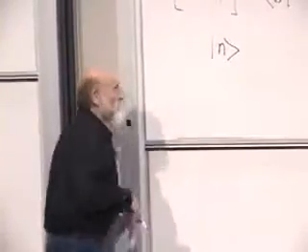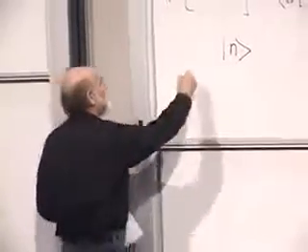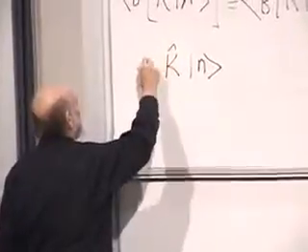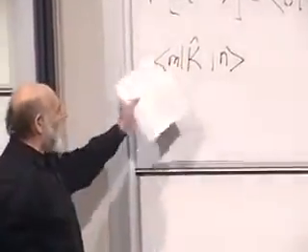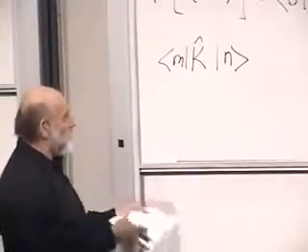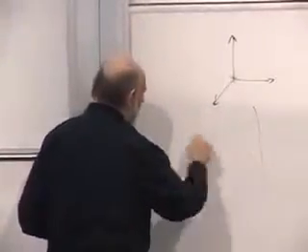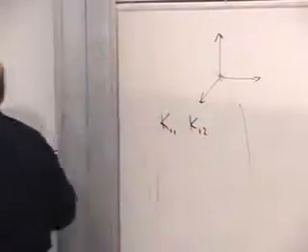Yeah. So given a basis of vectors, we can tabulate or record all of the matrix elements of K between vectors n and m. It's a square table of elements, an n by n matrix: K11, K12, and so forth.